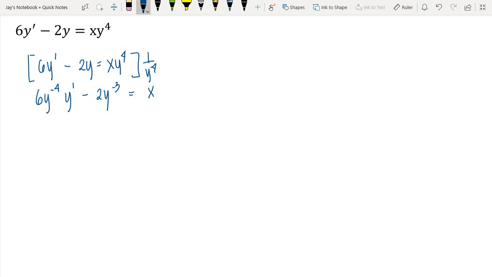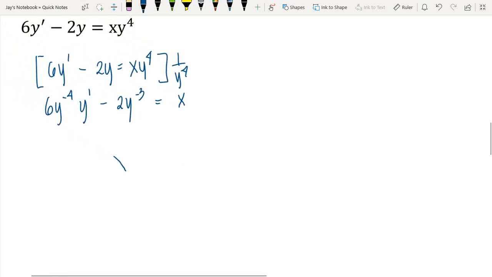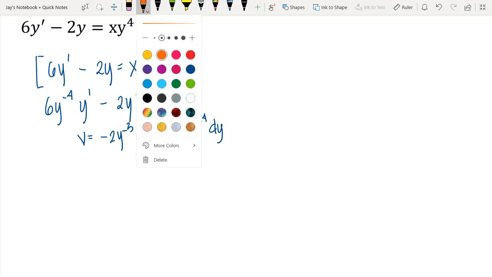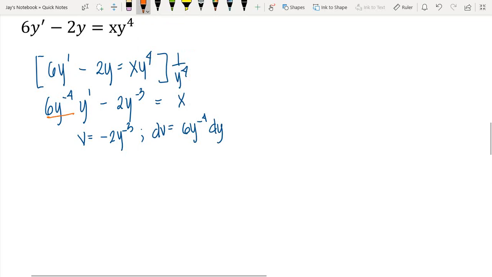After that, introduce a new variable, v. Let v be equal to negative 2y raised to negative 3, and get the derivative, dv is equal to 6y raised to negative 4 dy. So we can tell that in this equation, that is our dv, and this is our v.